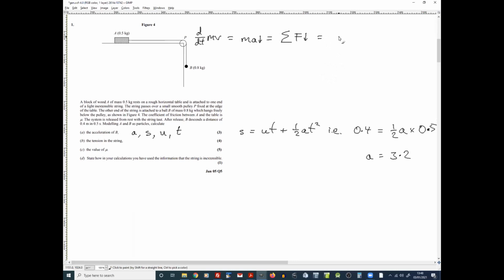Of how much? Of minus 9.8. Well, we're looking down, so it's not minus, is it? Okay, 9.8. But the 9.8 is just the acceleration due to gravity. 9.8 times 0.8. Yes. And what other forces are acting downwards?